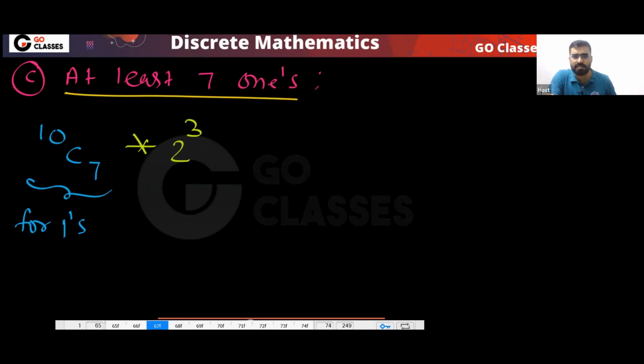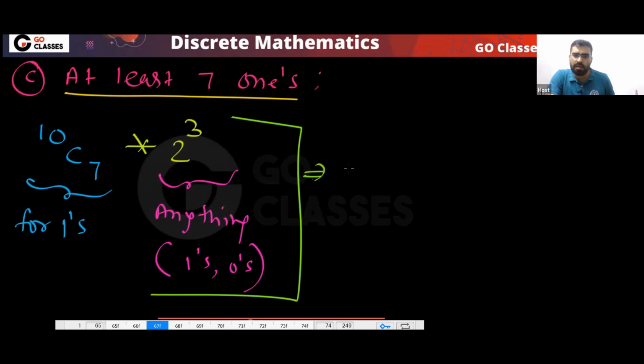Is this a correct answer? Anything means 1 comma 0, ones comma zeros. Let me tell you, this is the wrong answer, and this is the biggest mistake that students make.